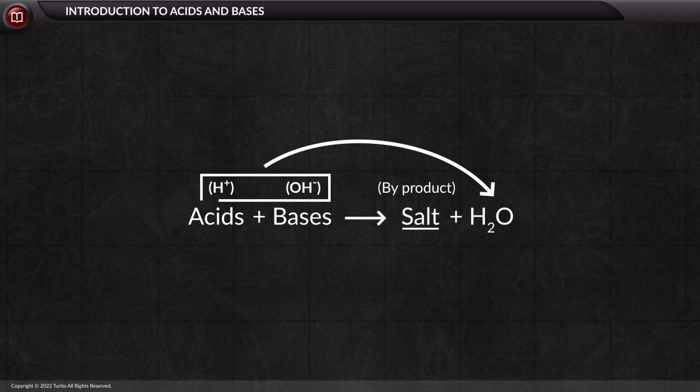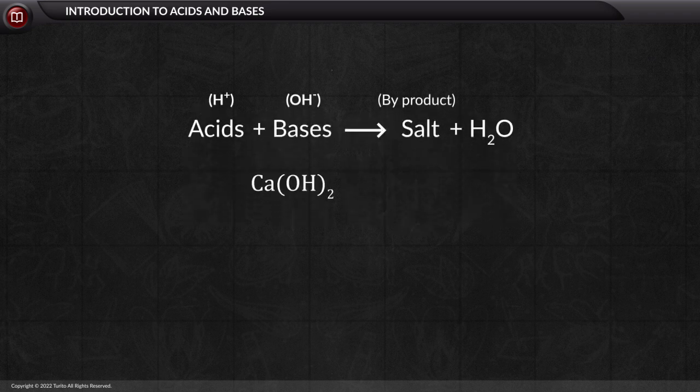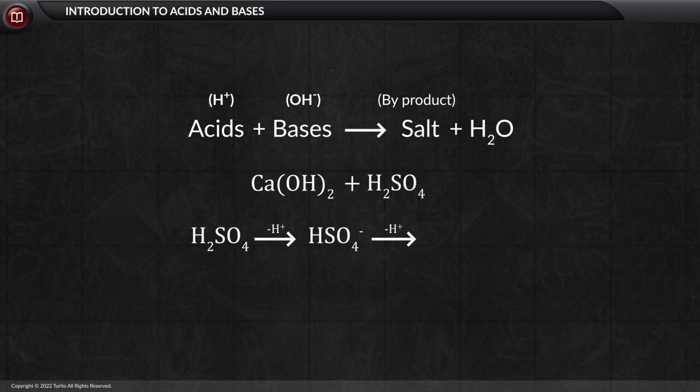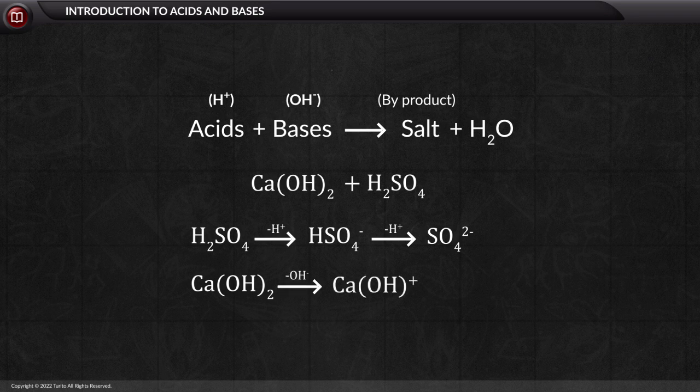For example, a reaction between Ca(OH)2 and H2SO4 will produce different ions, which are HSO4- from H2SO4 by removal of one H+, and if two H+ are removed, then SO4 2- is formed. While Ca(OH)2, when it releases one OH-, forms Ca(OH)+, and on further removal of remaining OH-, we get Ca2+.